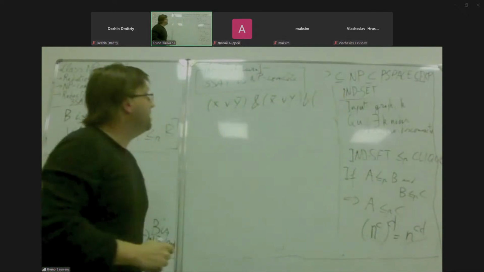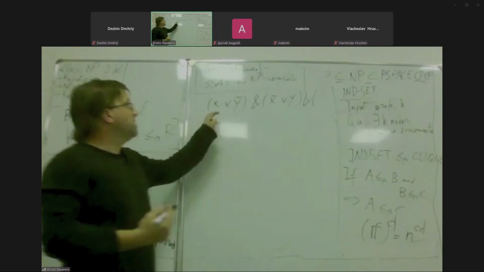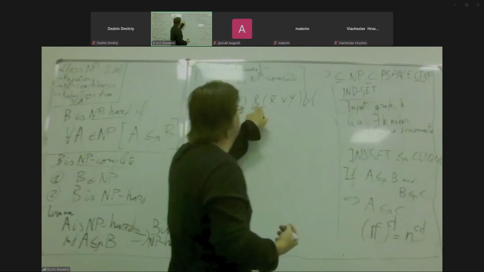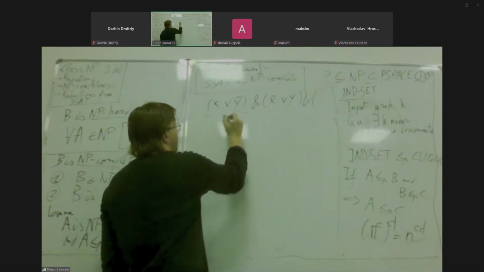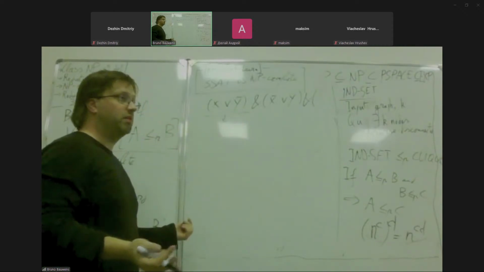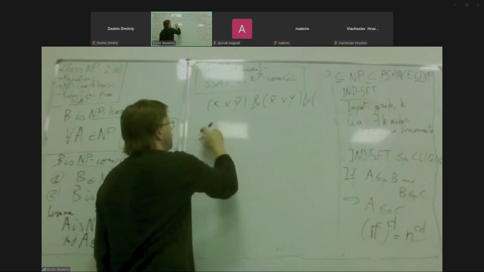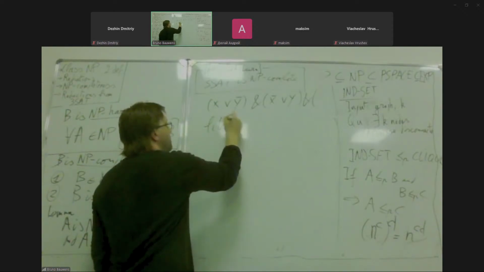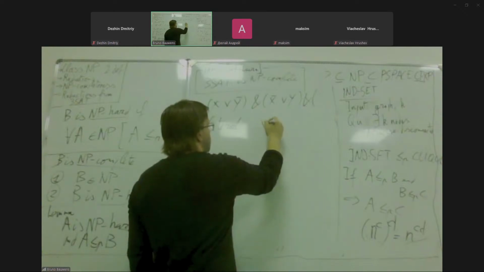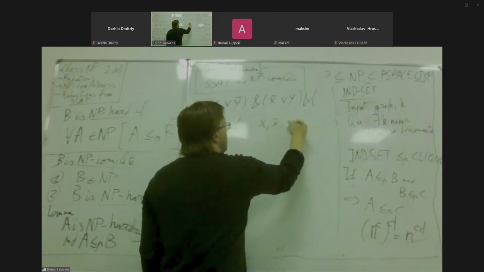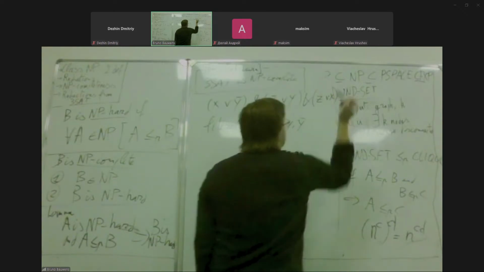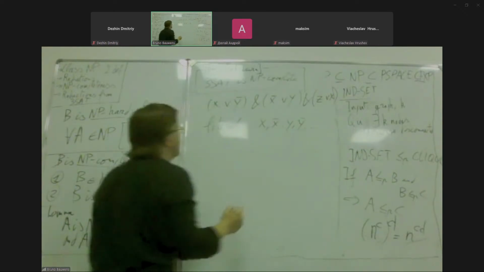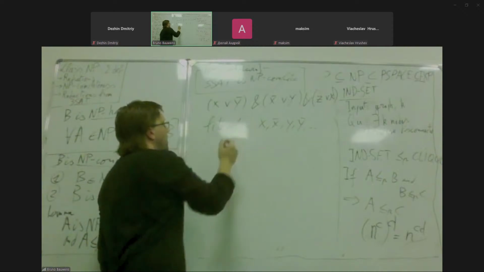So a formula in CNF is a formula that consists of ANDs of ORs. A clause is just an OR of several literals. Let's start with literals. A literal is a variable or its negation: x, not x, y, not y, z, and so on.